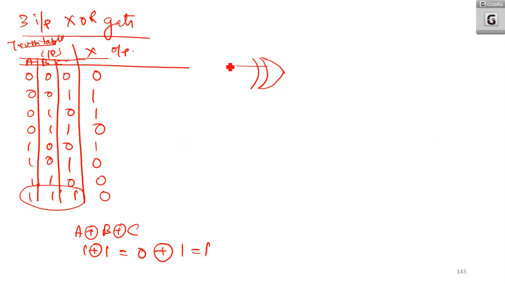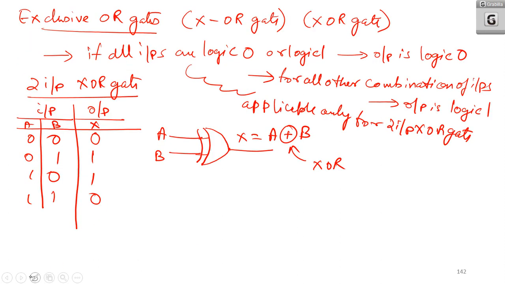So it is A, B, C. So we get H is equal to A XOR B XOR C. Okay. So basically the XOR operation starts from a 2-input XOR gate. So that is H is equal to A XOR B.